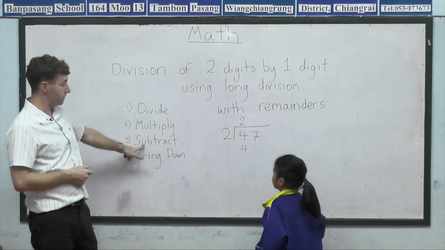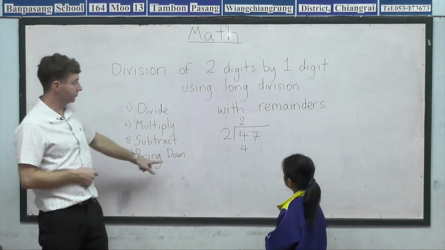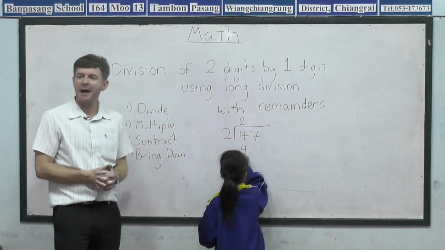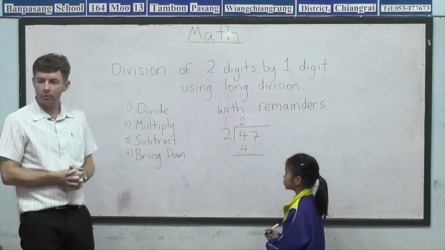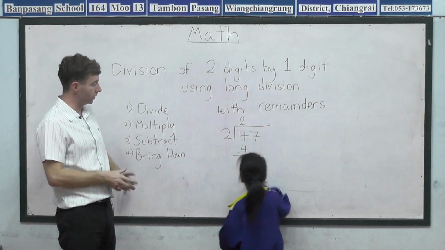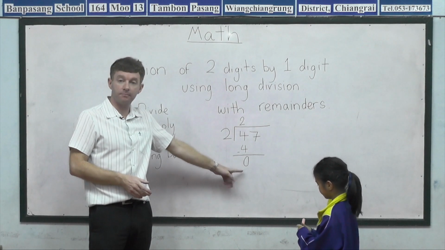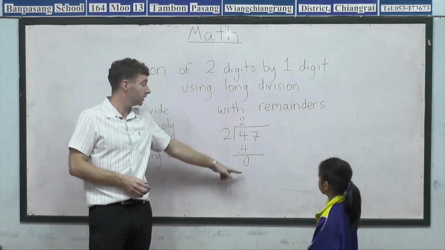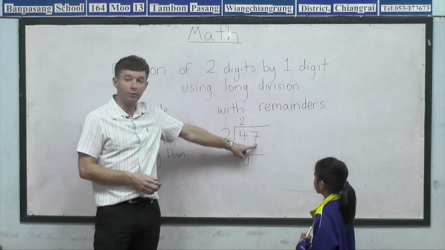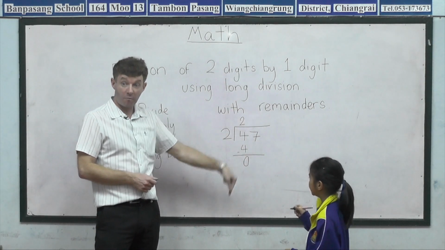Step number 3, subtract. So we can write our minus sign here. 4 minus 4 equals 0. So far, so good. We know this column is fine because we've reached 0 amount. So now, step number 4, we will do what with number 7? Bring down.